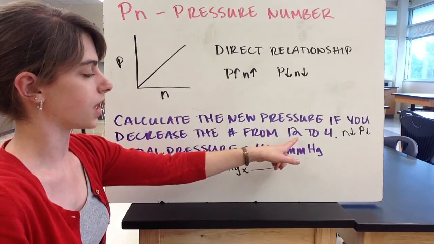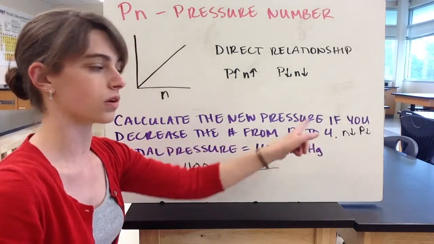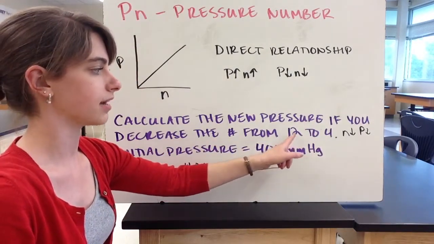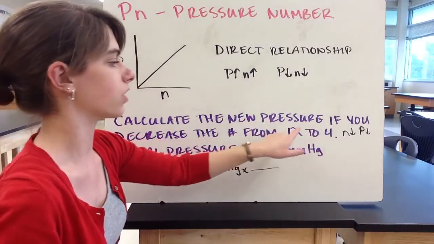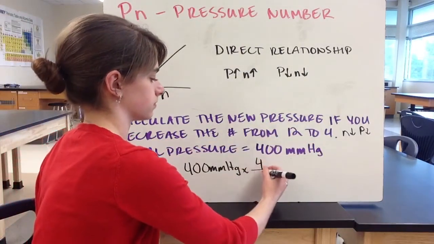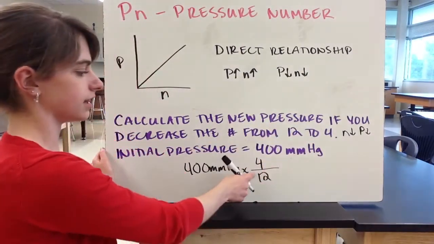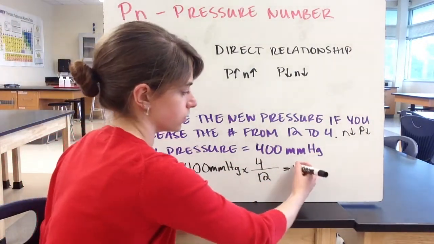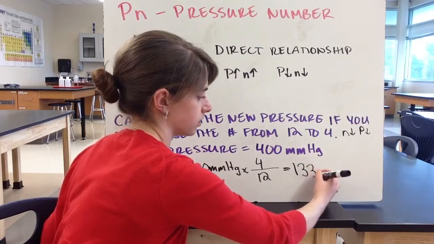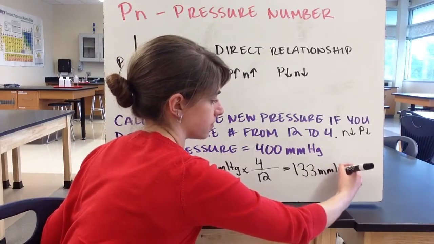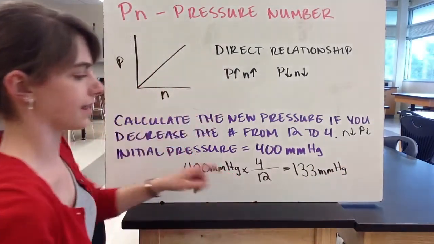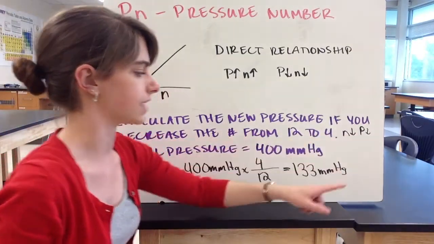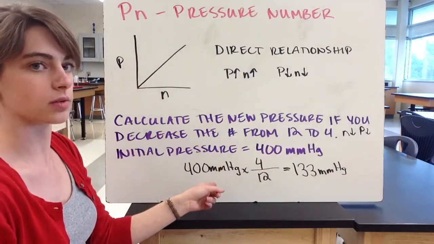So are we going to multiply by 12 over 4 or 4 over 12? You should be saying 4 over 12. This ratio will give us a smaller number. When you calculate this, you should get 133 millimeters of mercury, and that makes sense. We expected our pressure to go down. This is a lower pressure than where we started.